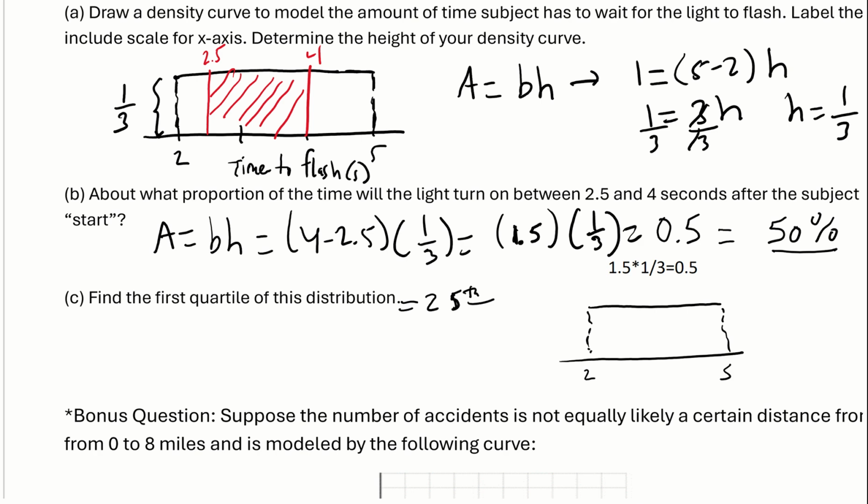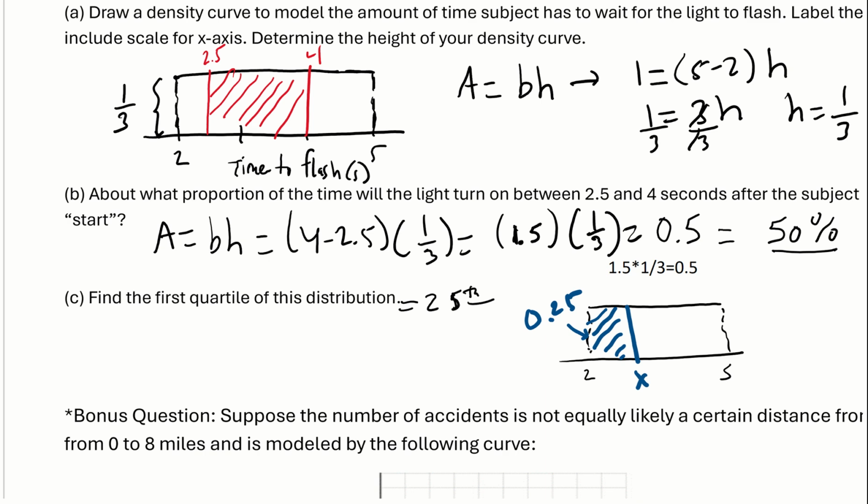So we want to figure out what's the x value such that the area to the left of that is 0.25 or 25%, right? So 0.25. Okay, so that's what we want to find. We want the area to the left of that to be 0.25.